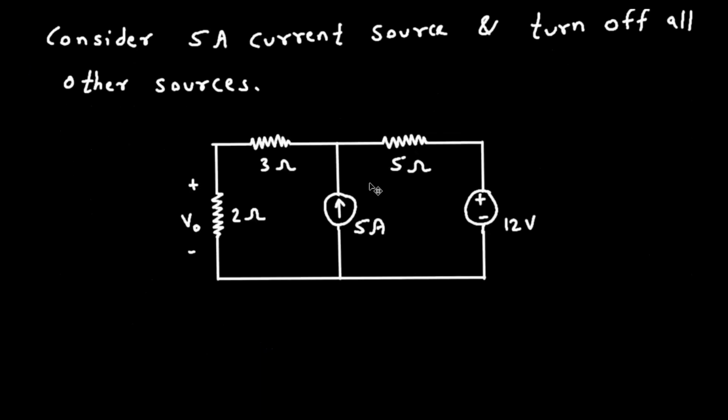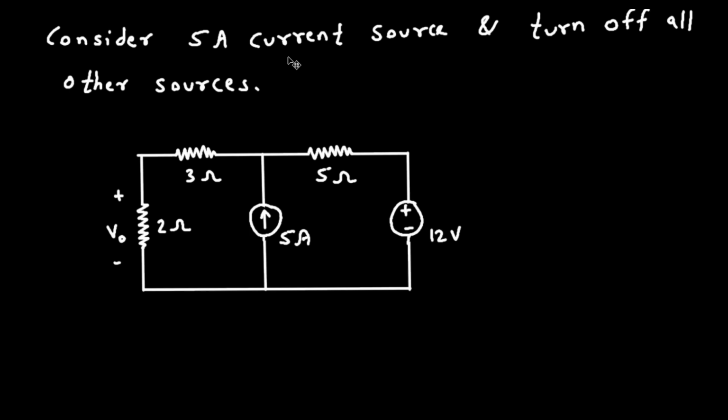Now in this circuit, when we turn off this voltage source, it will be replaced by a short circuit. So this will be a short circuit like this. And now we have to find this voltage VO.